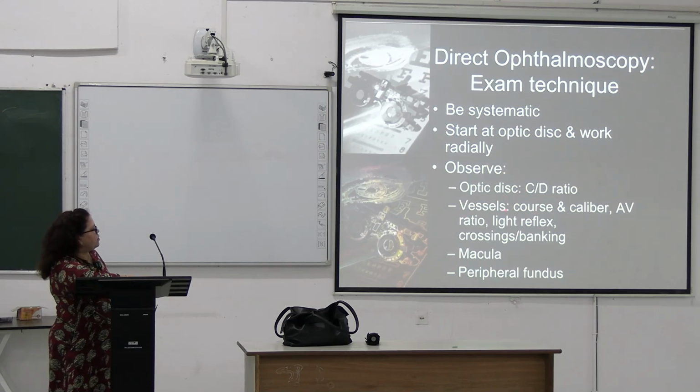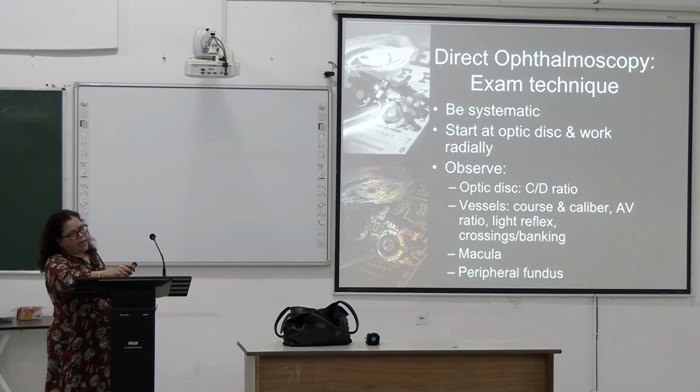Then vessels. We examine the retinal vessels, course of the retinal vessels, caliber of the vessels, arteriovenous ratio and the light reflex. Then crossing and banking. This phenomenon is seen in hypertensive retinopathy. Then we examine the macula.